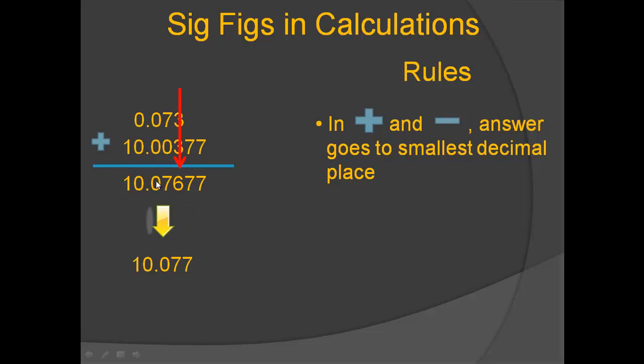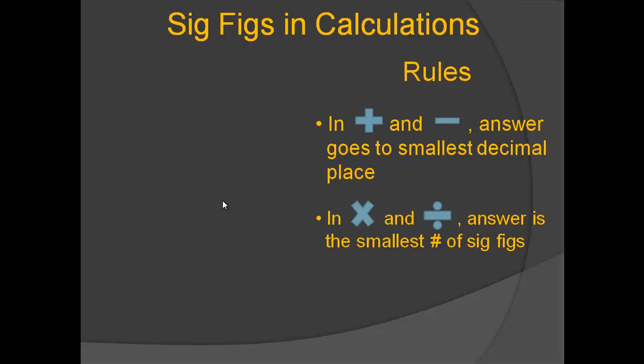If this number has 5 decimal places, but the numbers that you used to get this answer only had 3 decimal places, how can your answer have more accuracy than what you used to get that number? It doesn't make sense. So you have to keep it to the smallest decimal place so that the answer could be correct in significant figures.